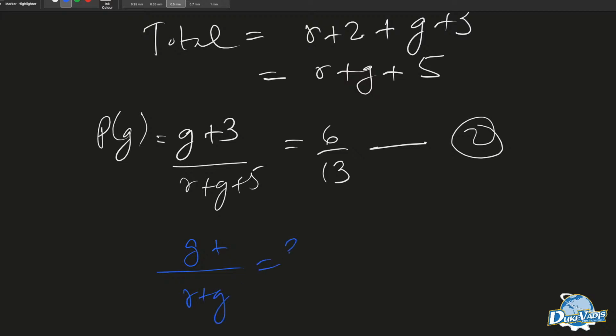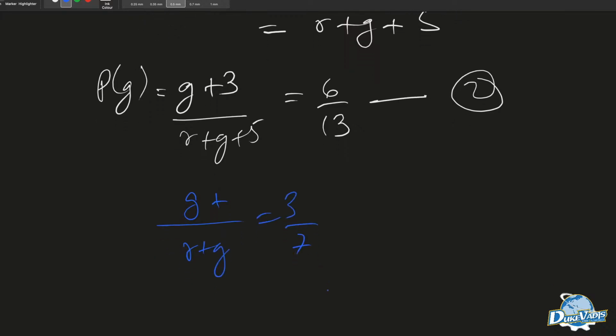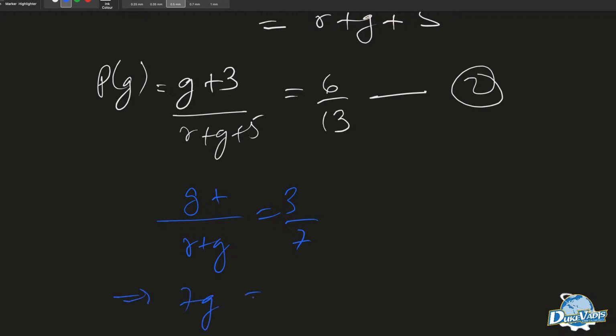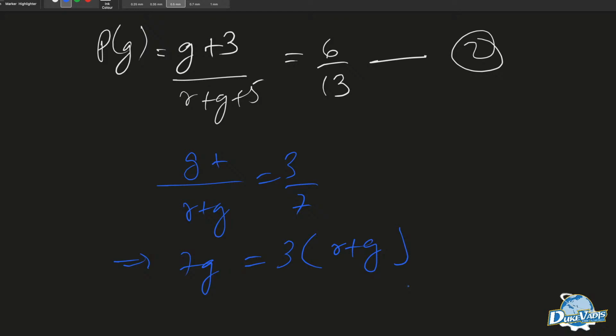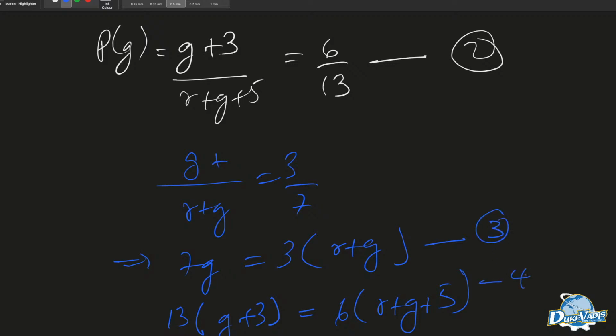So this implies that 7G is equal to 3 into bracket R plus G. And the other one too, I can say 13 into bracket G plus 3 is equal to 6 into bracket R plus G plus 5. So this has been our equation 3 and equation 4.